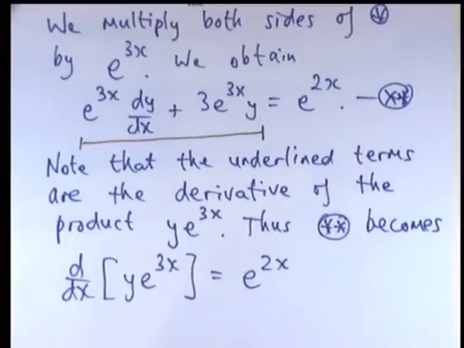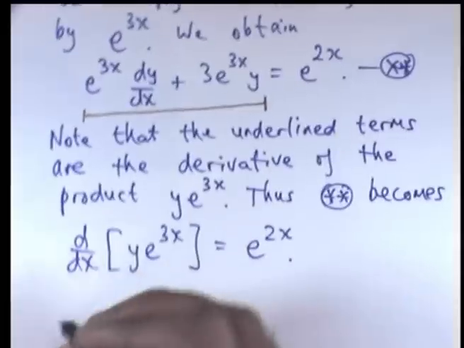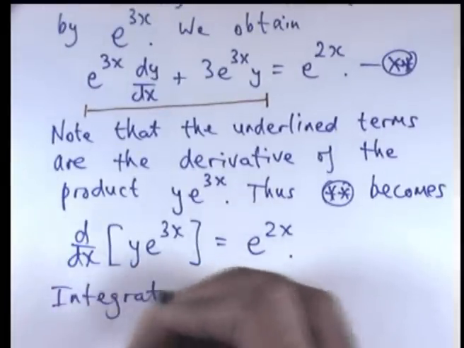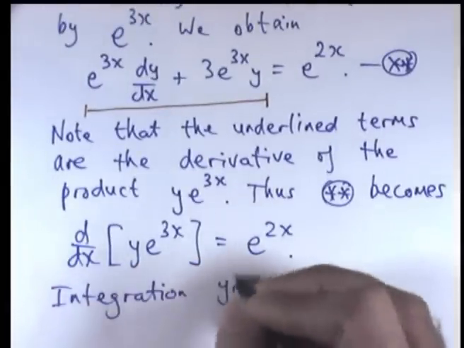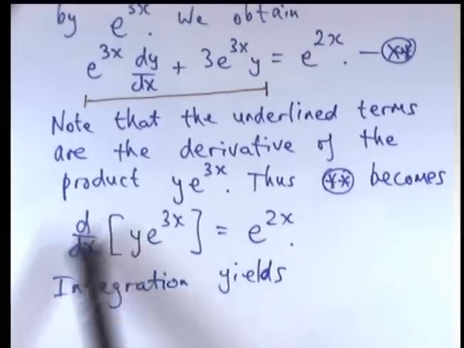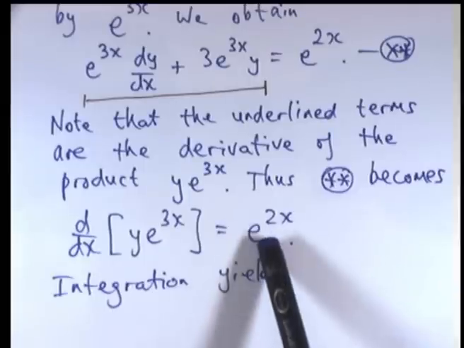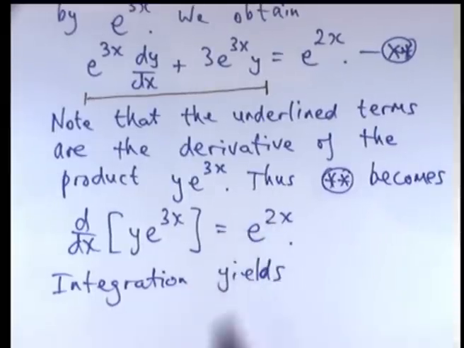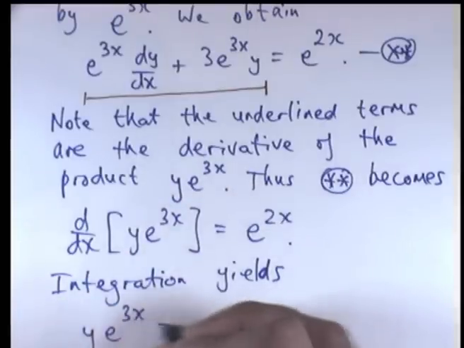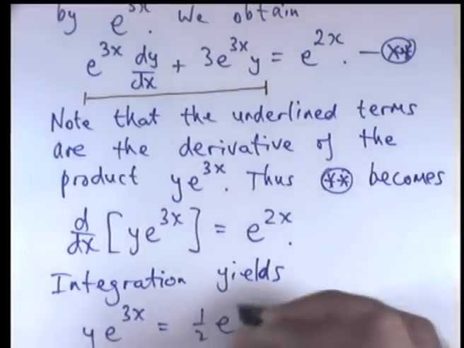All right, so we're going to integrate both sides with respect to x. So on the left-hand side, the d/dx is going to disappear. On the right-hand side, I integrate, and I'm going to get a half e to the 2x plus a constant, and, of course, not forgetting the constant of integration.